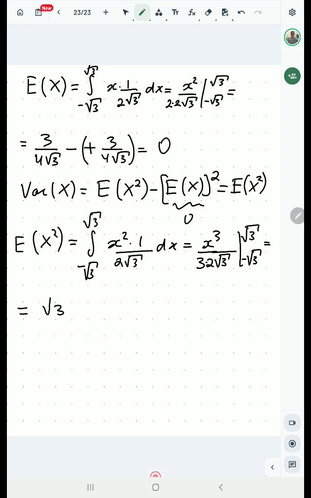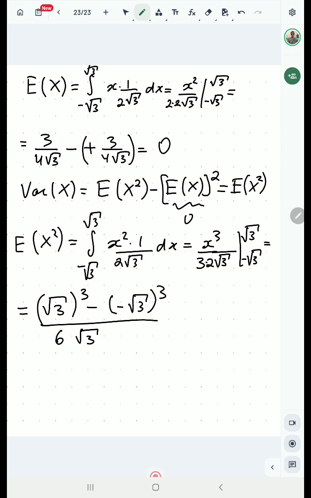And that is going to give you square root of 3 cubed minus minus square root of 3 cubed, and everything divided by 6 times square root of 3.